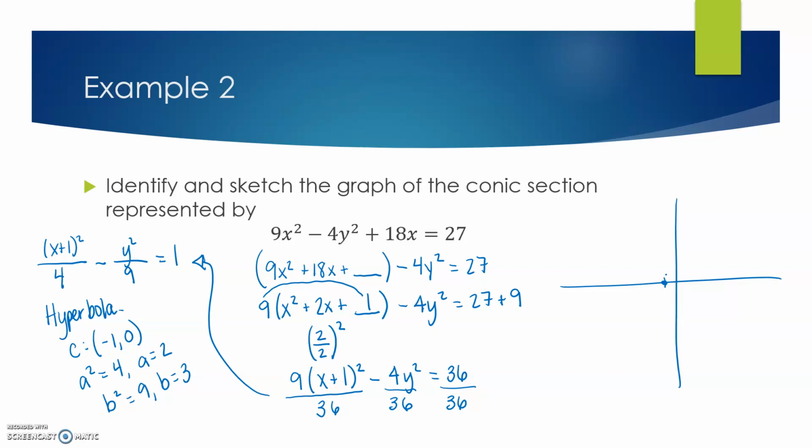X comes first, so I know it's going to open left, right. Like, that's a really bad sketch, but like that. So I'm going to move in the x direction 2 spaces. And those are my vertices, 1, 2. I'm going to move in the y direction 3.